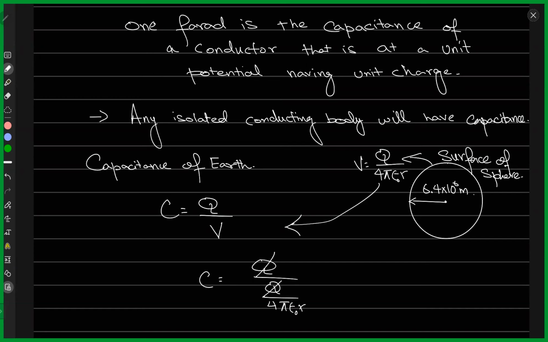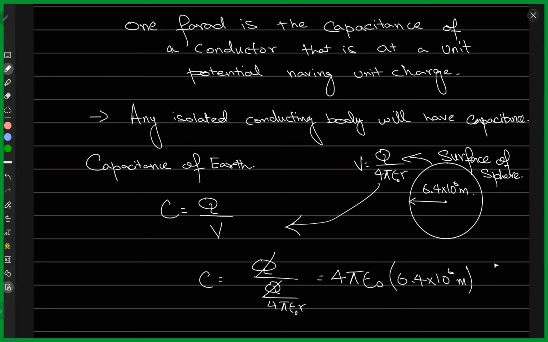Q goes with Q, and this just becomes 4 pi epsilon naught R, where epsilon naught is the constant permittivity of space, and R is the radius of the Earth, which is 6.4 into 10 raised to power 6 meters.